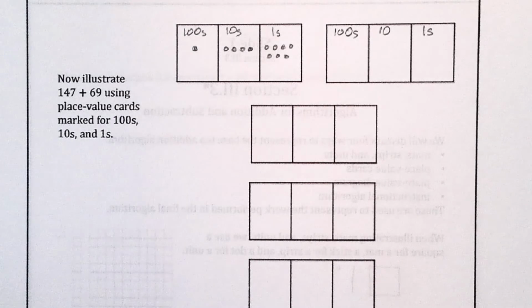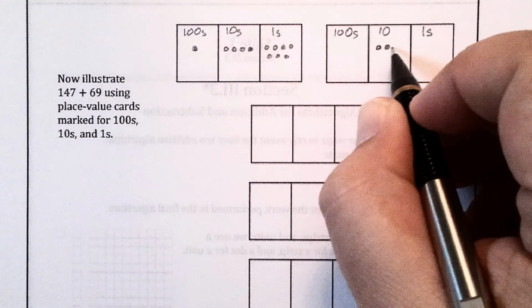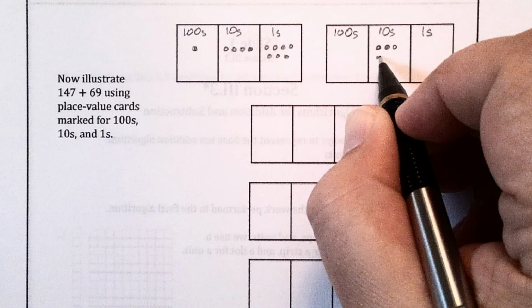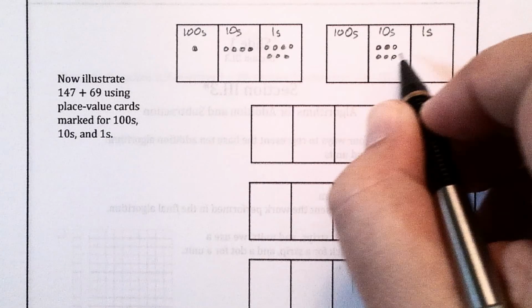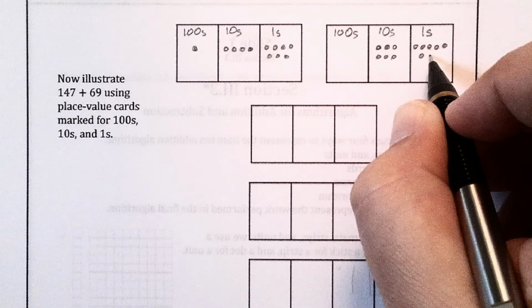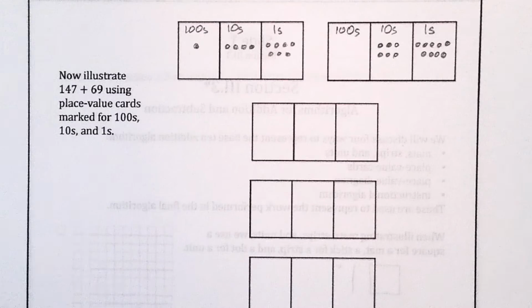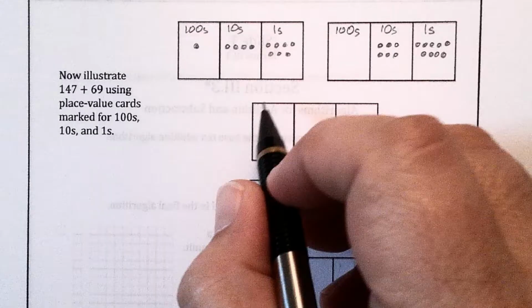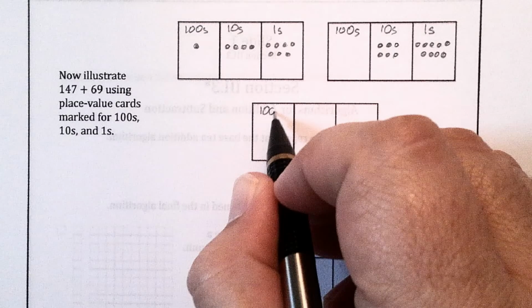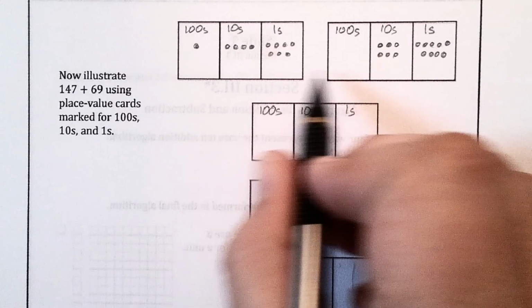Okay, so let's represent 69 on this card. 6 tens, 9 ones. Okay, in step 1, we just combine them into a single card. So just imagine sliding one of the cards off onto the other, section by section.